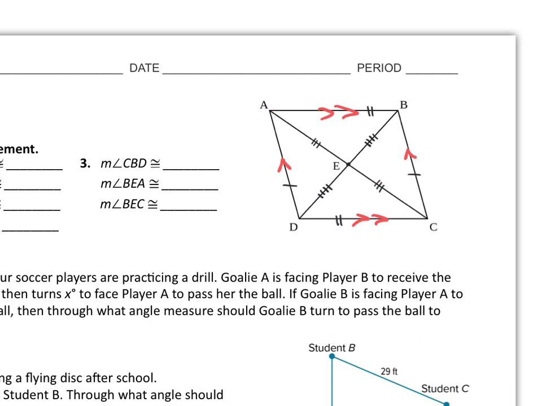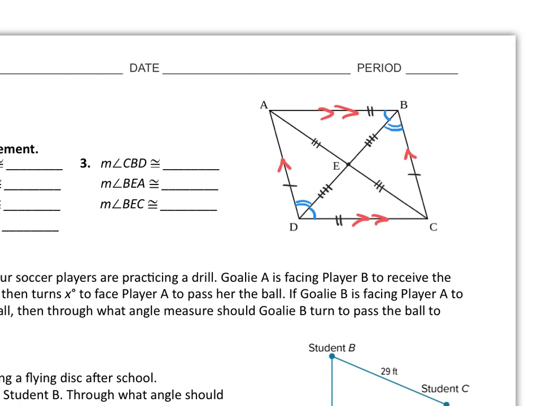Angle-wise, we also have some information that we can glean here. Just remember here we have two parallel lines cut by a transversal. So what it turns out is that angle ABD here is going to be congruent to CDB, and angle ADB is going to be congruent to CBD.